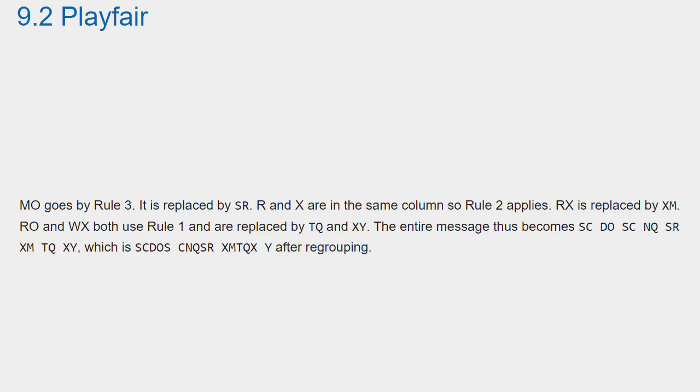RO and WX both use Rule 1 and are replaced by TQ and XY. The entire message thus becomes SC, DO, SC, NQ, SR, XM, TQ, XY, which is SCDOS, CNQSR, XMTQXY after regrouping.